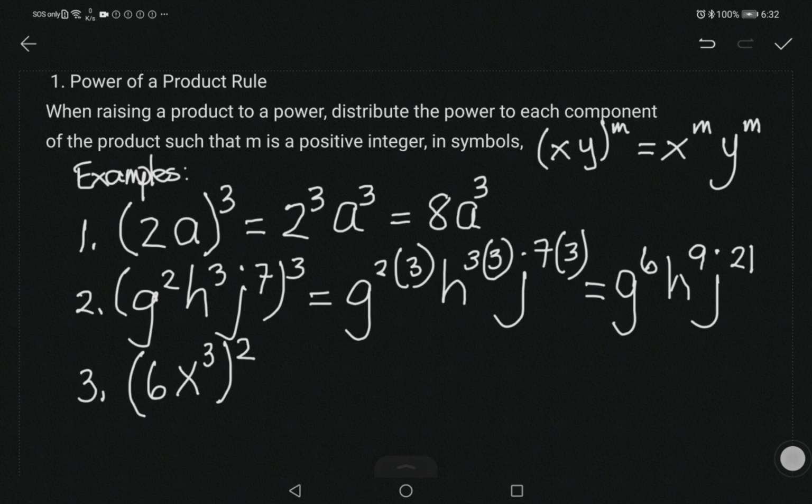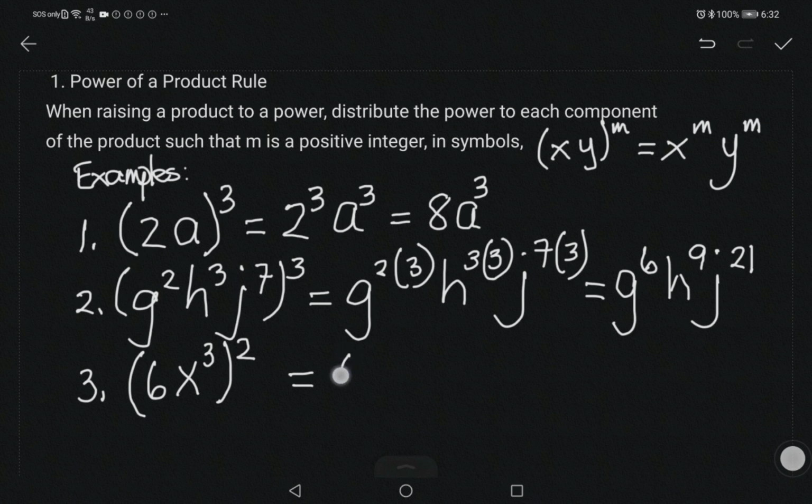Then for number 3, we have (6x cubed) raised to the power of 2. So we will distribute the power.